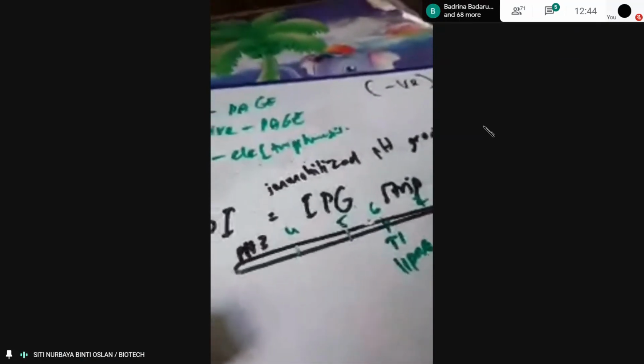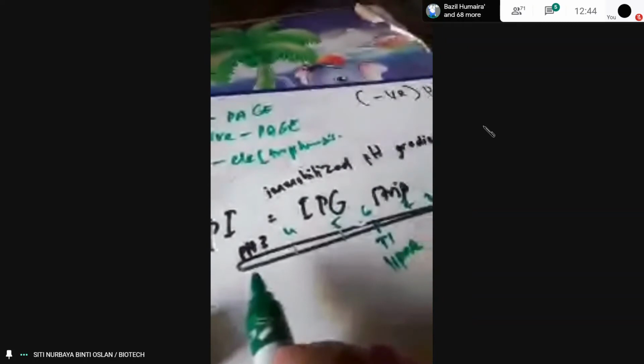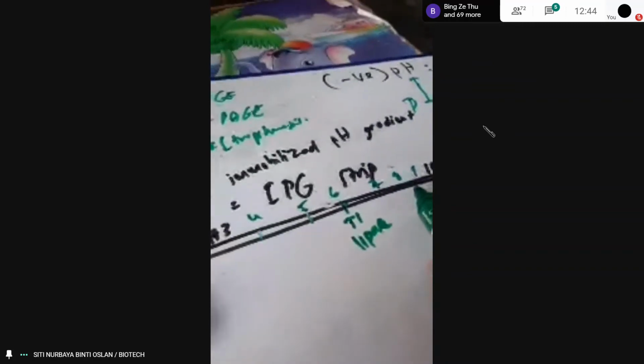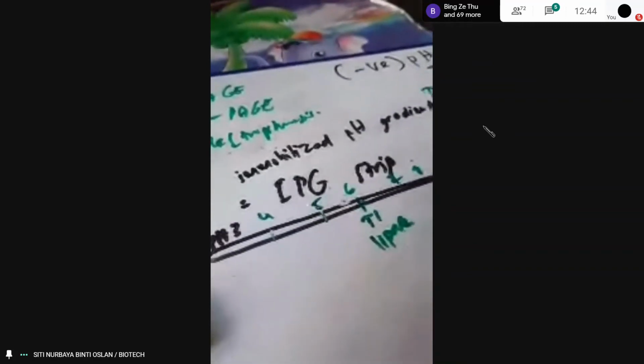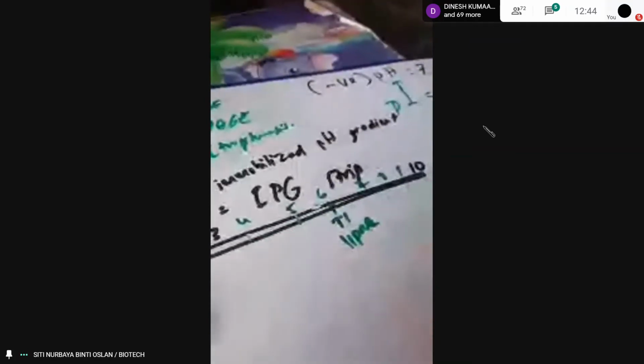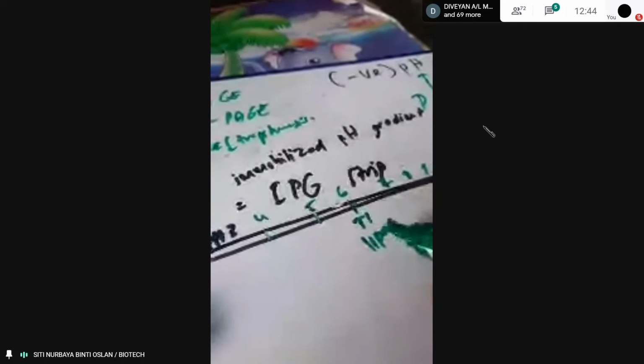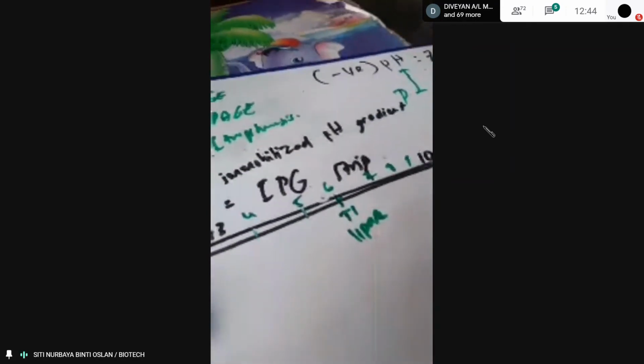Please remember that we have thousands of proteins, right? They are all being focused at their respective isoelectric points if we have a complex protein sample. But if we have just T1 lipase, it will focus and stop at its PI, which is 6.31.